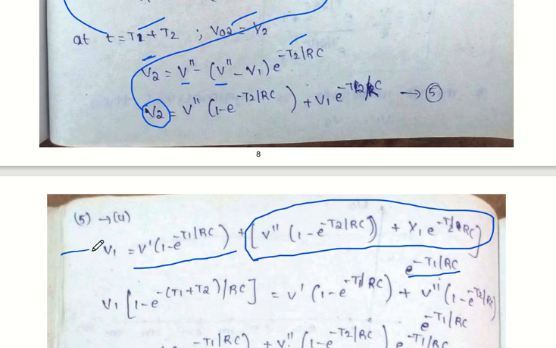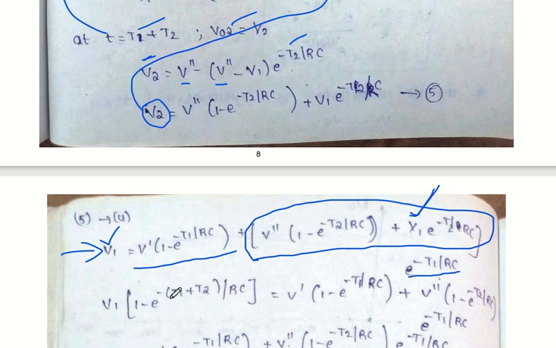So if you observe this equation, on the left side there is a V1 term, and on the right side there is a V1 term. So move all the V1 terms to one side and the remaining terms to the right side. So move this V1 term to the left side and take V1 as common. When V1 is taken as common, we get 1 minus, because this is a plus term, which moves to the left side and becomes a negative term, minus e power minus t2 by RC into e power minus t1 by RC.